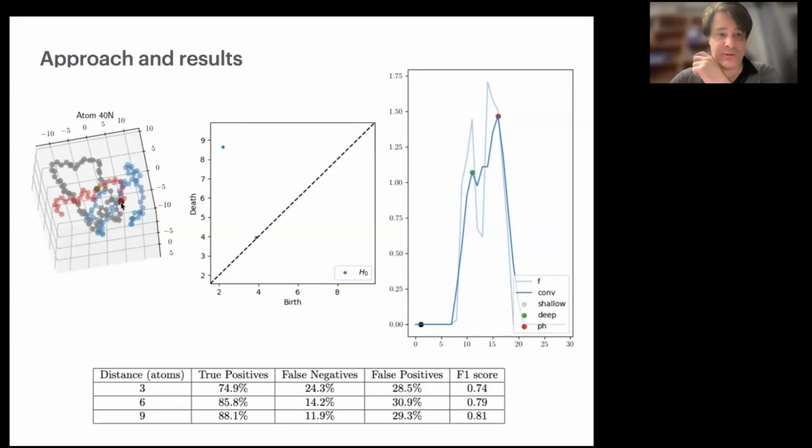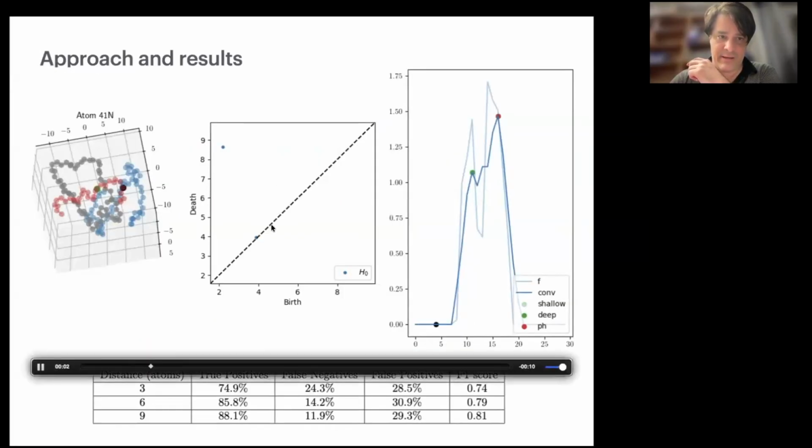We first compute the atom that is closest to the loop, and so on. And we can see that once we get closer to the minimal surface, this homology group drops. So the lifetime drops. The green part is the theoretical intersection, and we can see a drop in the lifetime of the persistence diagram.